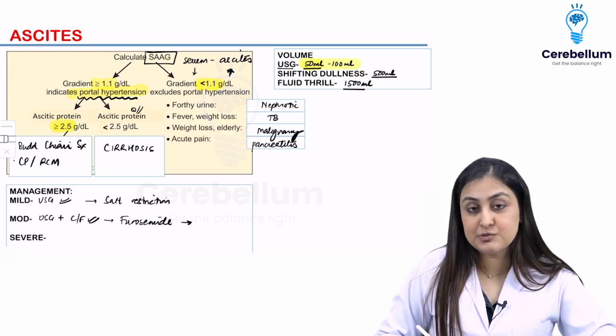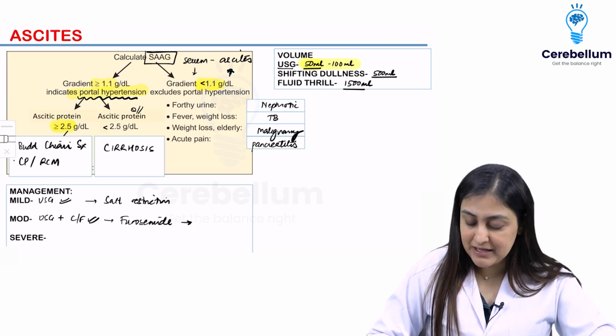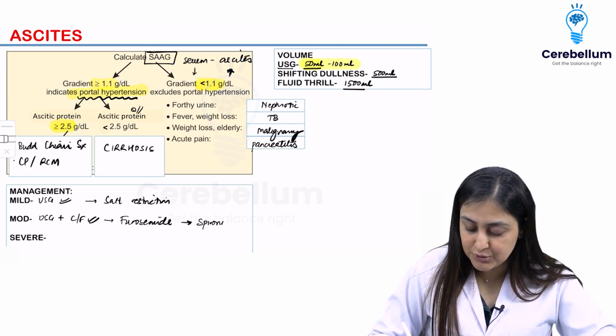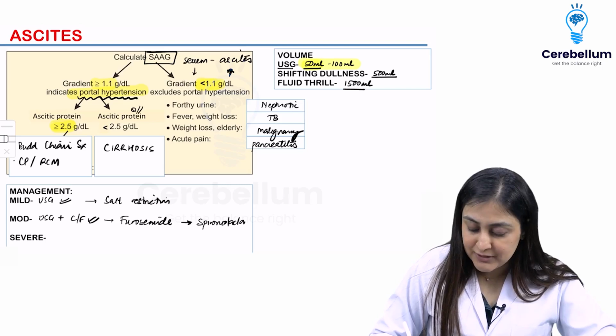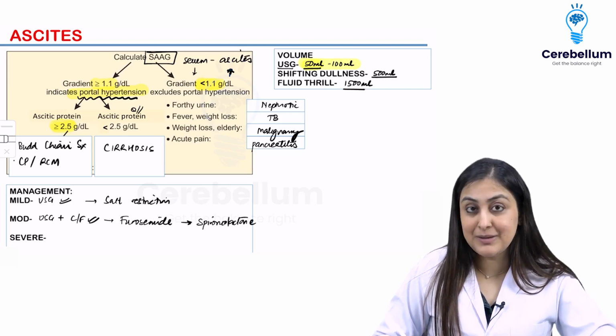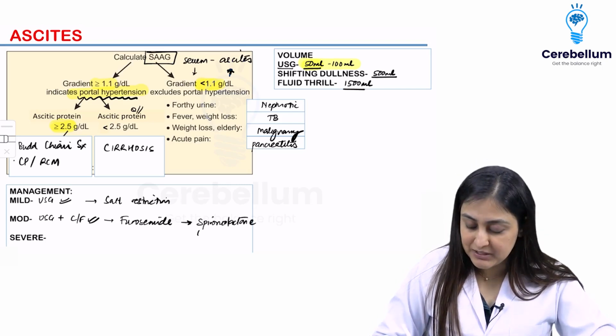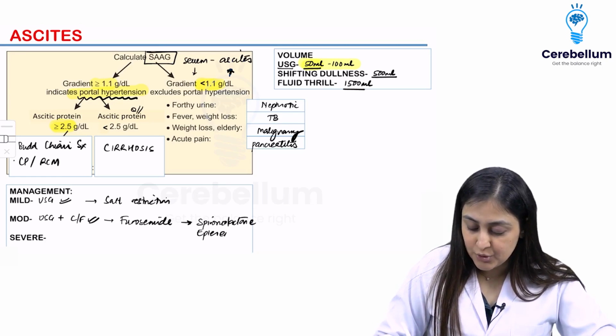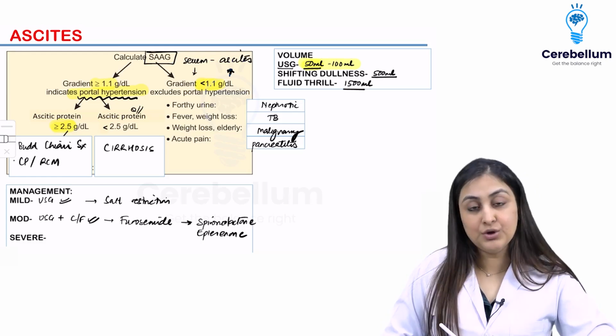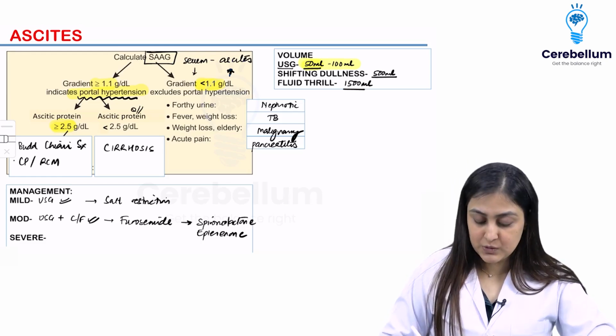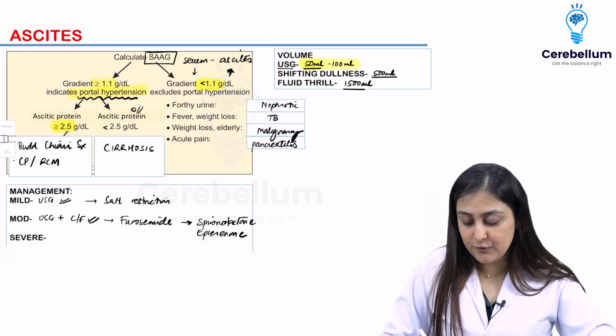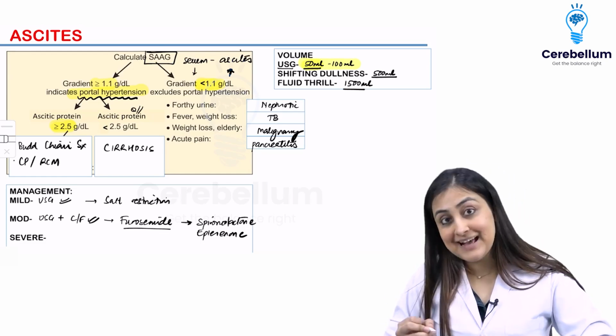If it does not respond to it, we give potassium sparing diuretics like spironolactone. Because spironolactone causes refractory gynecomastia, in order to prevent that, we can also give eplerenone. Alright, so spironolactone or eplerenone is what is to be given, basically furosemide followed by potassium sparing diuretics.